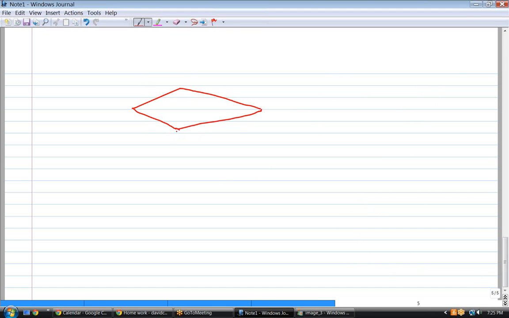They look exactly like what you would think, a kite. The area of a kite is 1/2 d1 times d2, with this being the small diagonal and this being the bigger diagonal. I never learned this. No kites, huh?